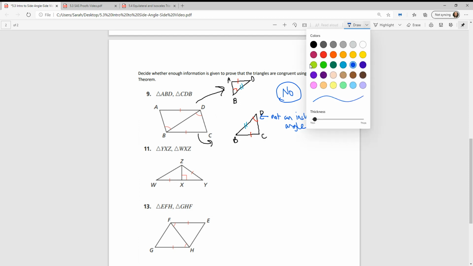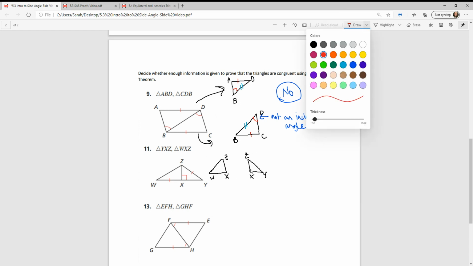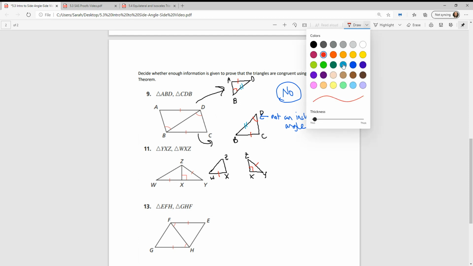Let's try another one. So again, we can pull these apart. We have triangle YXZ. So that would be the one that's on the right. And we have triangle WXZ, or the one that's on the left. Let's fill in what they have marked. They have marked this is a right angle. They have marked that WX is congruent to ZY. And what else can we say just by looking at the picture? Two things.